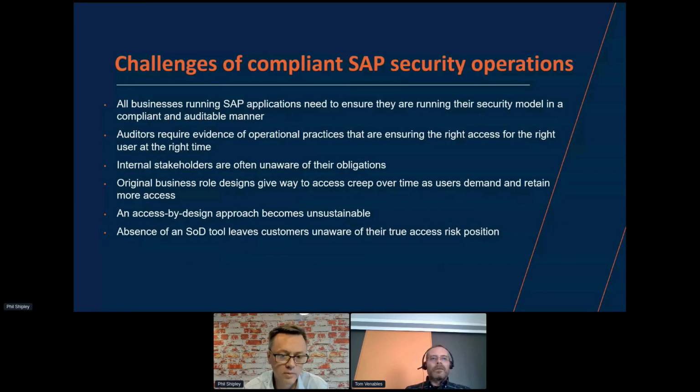So it's very much accountability and ownership that they're unaware of.